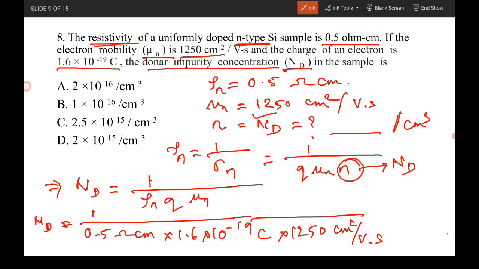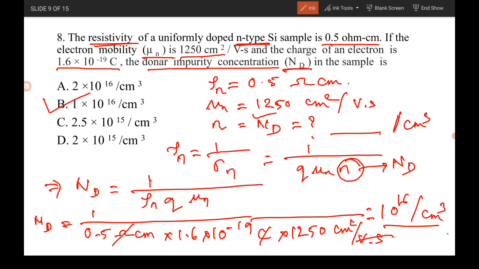So here you can see centimeter into centimeter square becomes centimeter cube, and ohms is cancelled by coulombs per volt second. Okay, coulombs per volt second is nothing but the inverse of ohms. So ohms gets cancelled, and if we simplify it, we will find our value as 10 to the power 16 per centimeter cube. Okay, so this is our answer, which is nothing but option B.